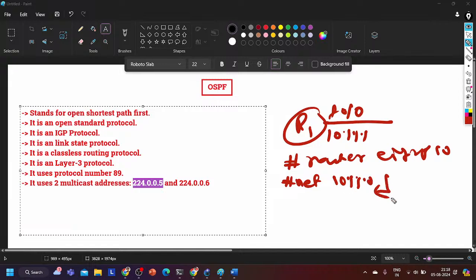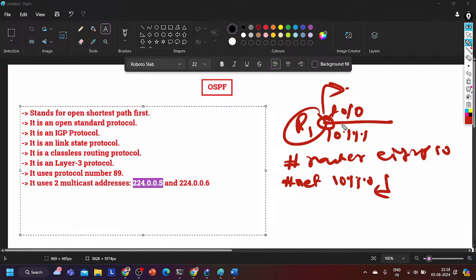Once I hit enter, what will happen? This interface will join a multicast group. Which multicast group? The multicast address which is reserved for EIGRP. In the same way, whenever you enable OSPF on the interface of a router, that router will join two multicast groups, right? This one and this one.